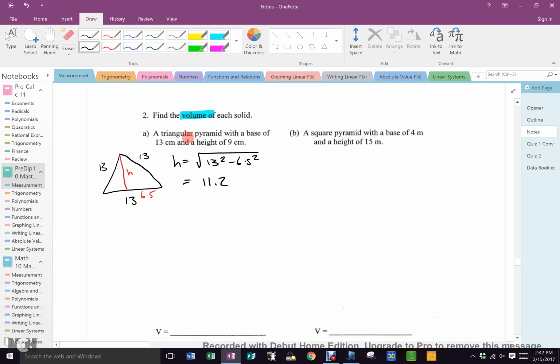So now, since it's a pyramid, all pyramids are area of the base times the height divided by 3.